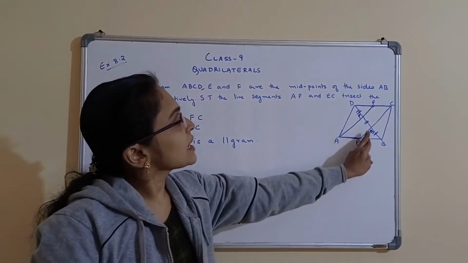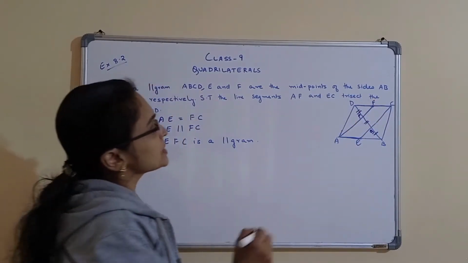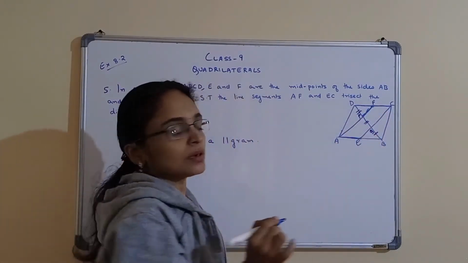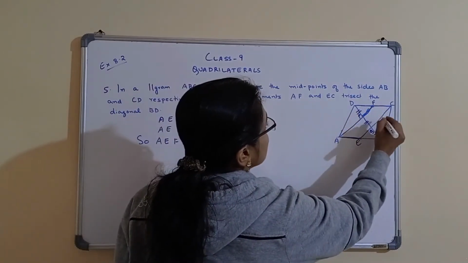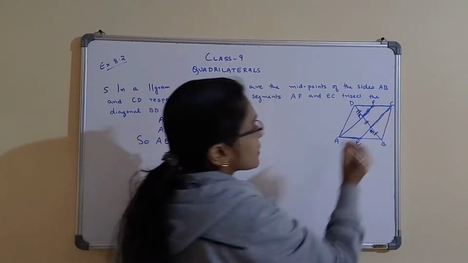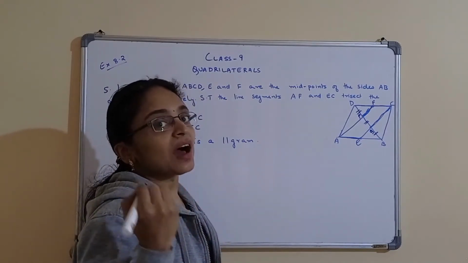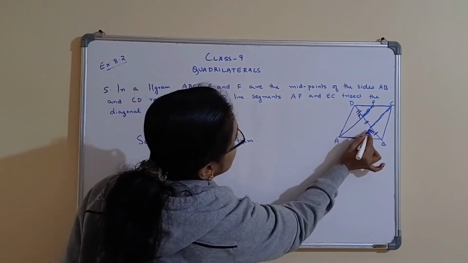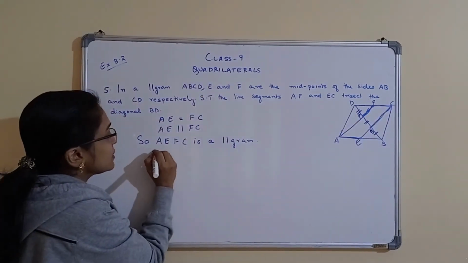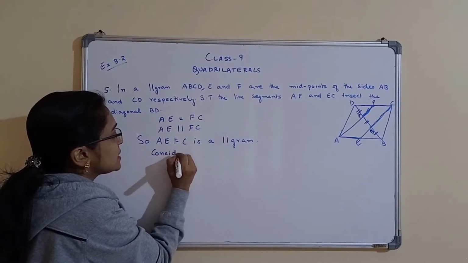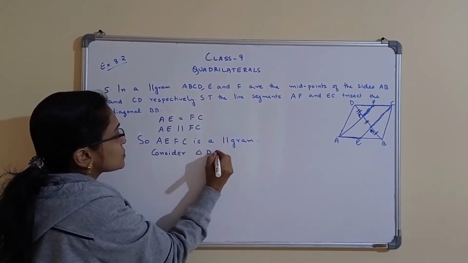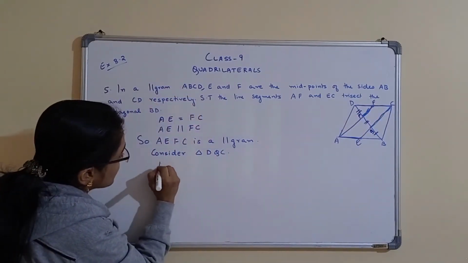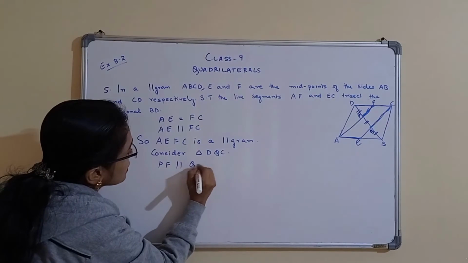Okay, so we got AECF as a parallelogram, which means PF, where we have marked P and Q here, is parallel to QC, right? PF and QC are parallel. So, considering triangle DQC, PF is parallel to QC.